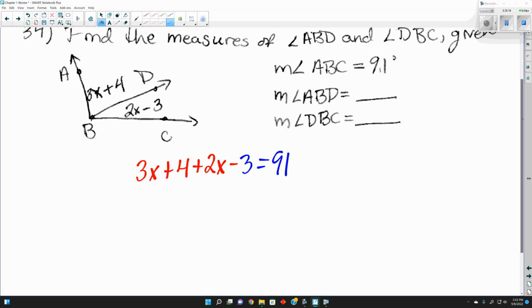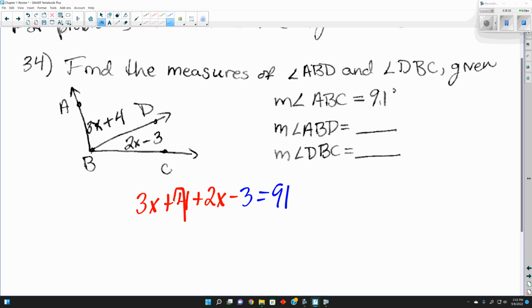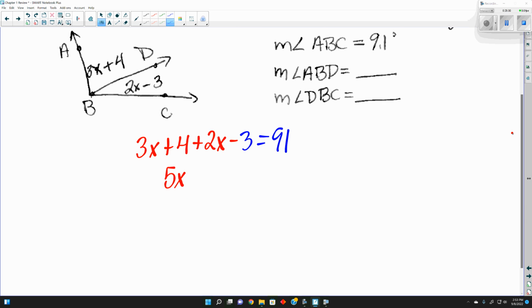Now the first thing we need to do is combine like terms. So 3x plus 2x is 5x. 4 plus negative 3, or 4 minus 3, is going to be 1. Then what would we do?